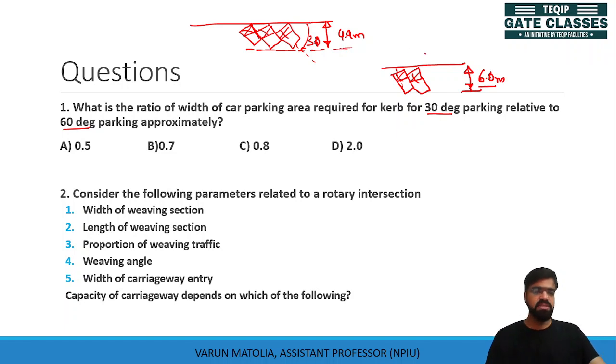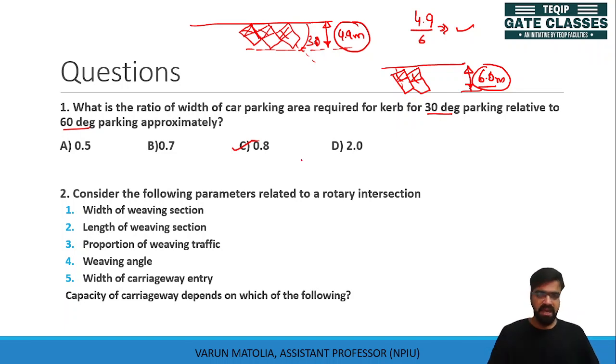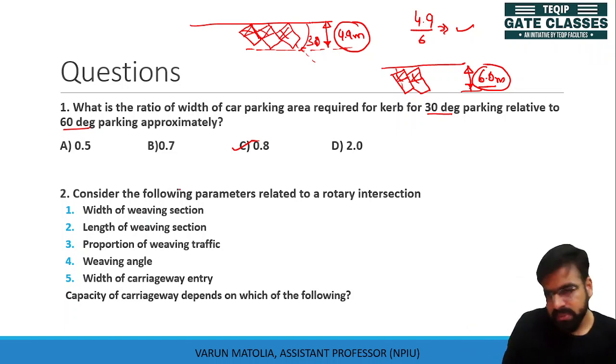This we have already seen in the previous lecture. The question is asking for the ratio of these values. You can calculate 4.9 by 6, and this will be around 0.8. So this is your solution.